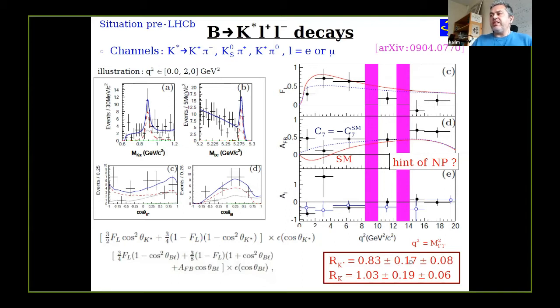So not a very precise measurement. What we can say modestly is that the B factories measured and observed for the first time K star ll, and made the first few measurements, but with no granularity in Q square, and with still quite large uncertainty.